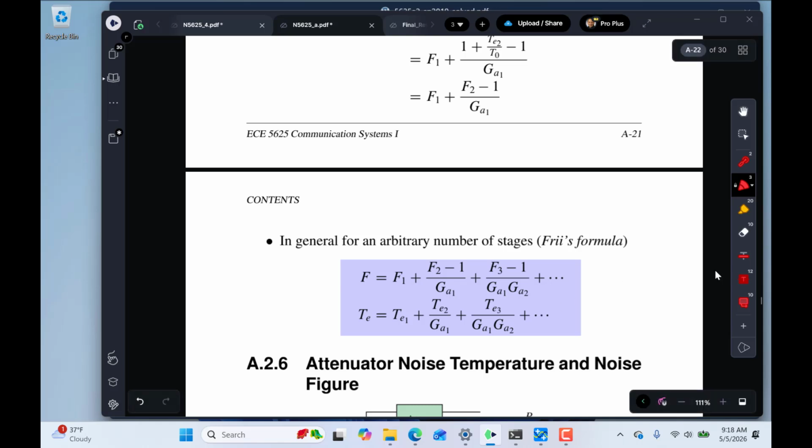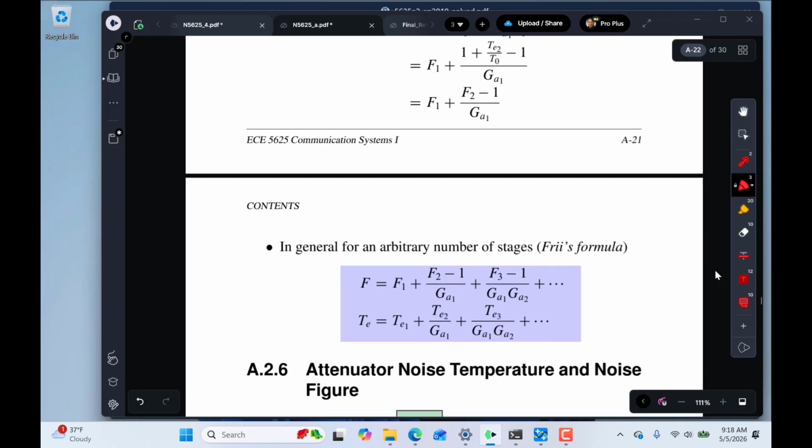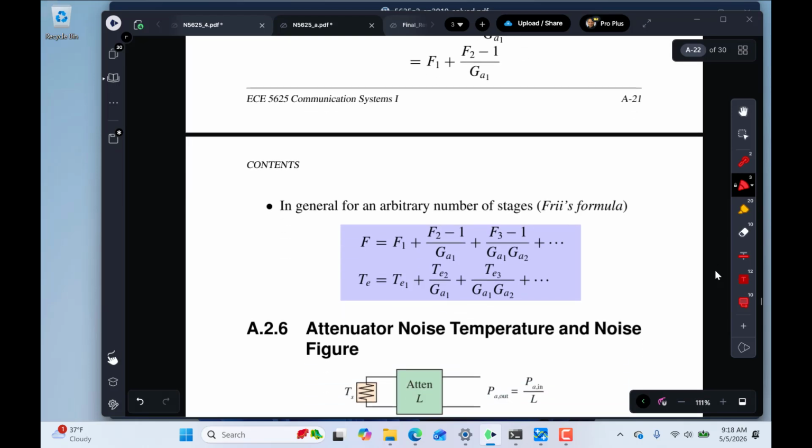But I'm going to try to write with my pen right now, if it will work. Everything in those equations, whether you use F or effective temperature, they're all ratios.